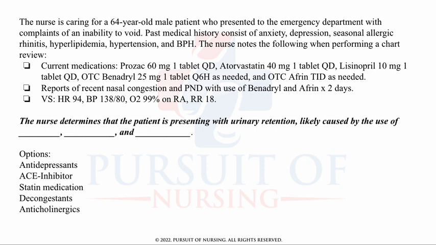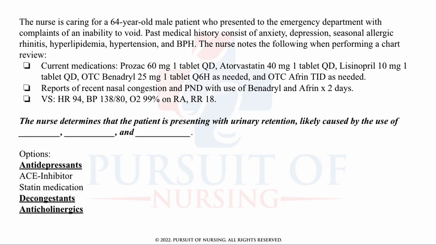Looking at our answer options, we know that these are all classes of medications. If the patient is presenting with urinary retention, which drug classes do you know can cause urinary retention? In a patient with BPH, episodes of urinary retention can be triggered by certain medications, including decongestants, anticholinergics, and antidepressants.